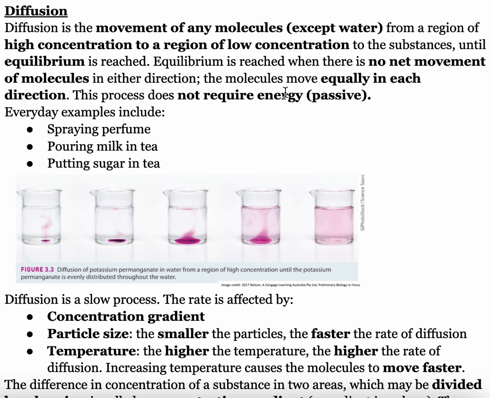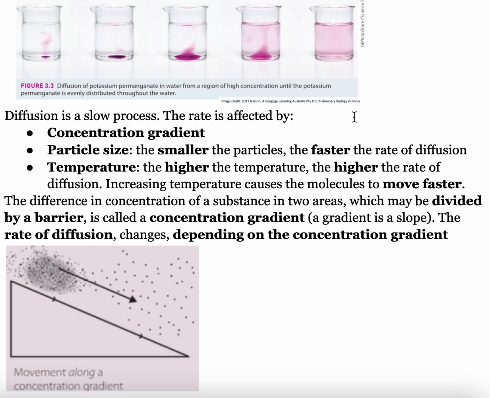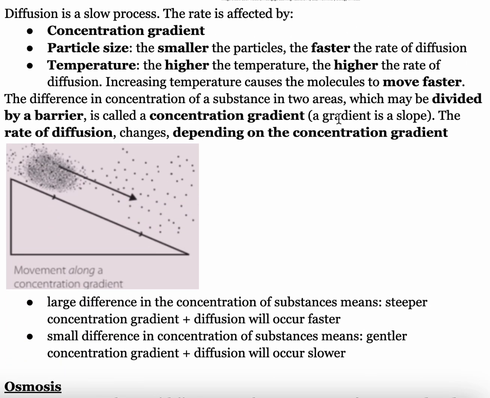Equilibrium is basically when there's no net movement of molecules in any direction. All of the molecules move equally in each direction. This process does not require energy. It's passive because it moves with the concentration gradient. Diffusion is a pretty slow process, not gonna lie.